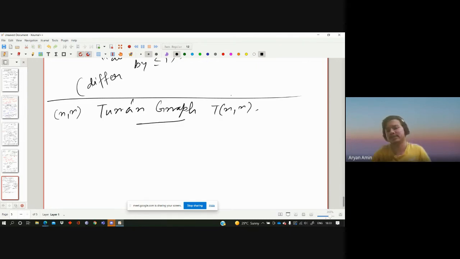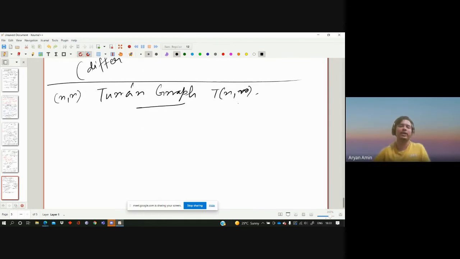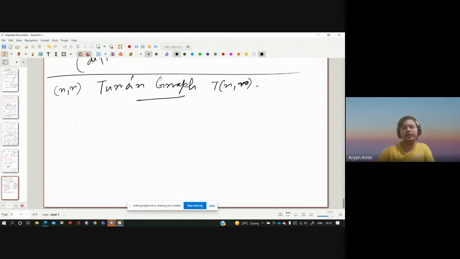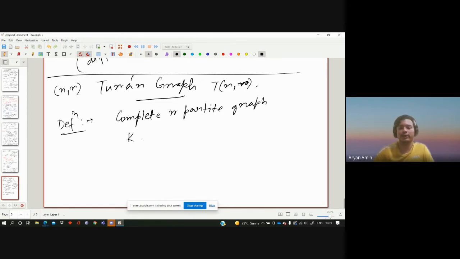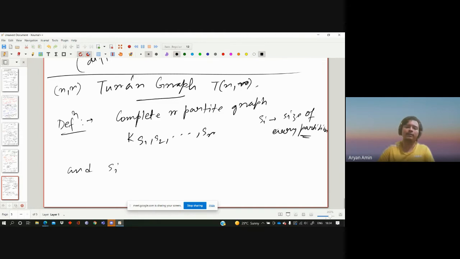The Turán graph is a complete r-partite graph K_{s1,s2,...,sr}, where si is the size of every partition, and si equals floor(n/r) or ceil(n/r) for all i.